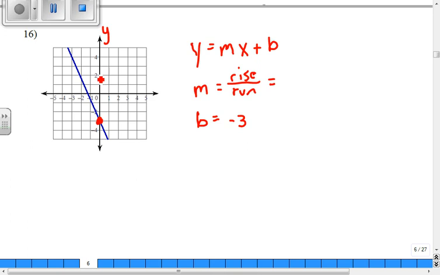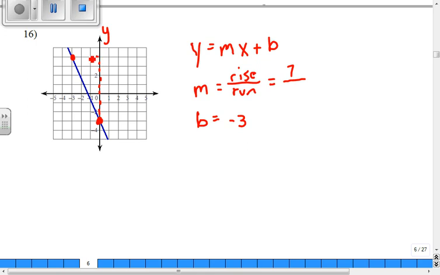And my slope, well, I first determine a second point. So my rise is 1, 2, 3, 4, 5, 6, 7. And it was going up, so it's positive.